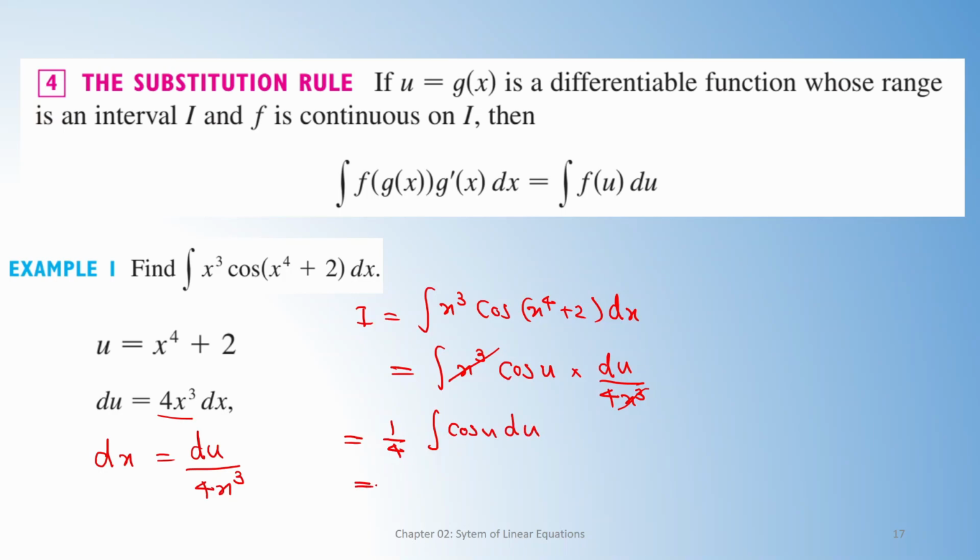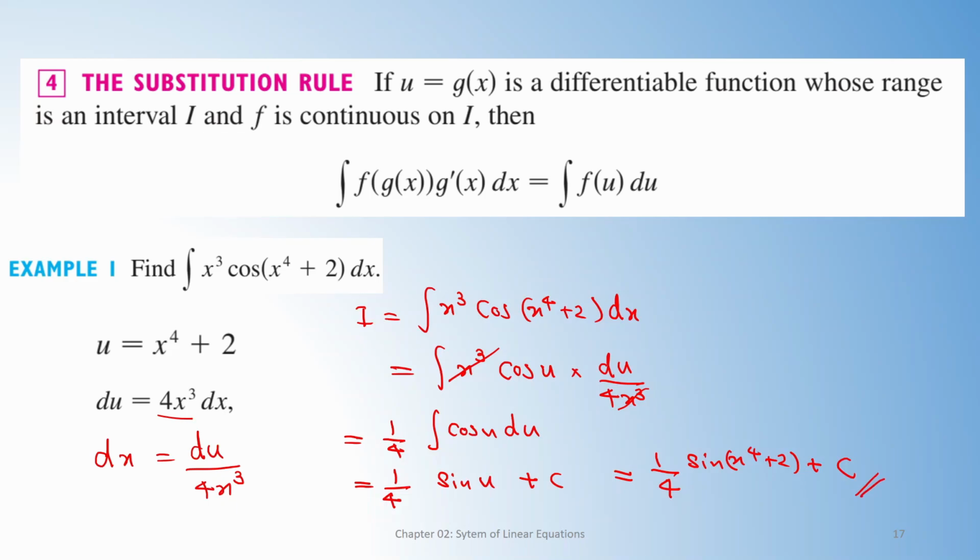Now you can apply the integration formula for cos, that is sine u plus c. Now you have to keep the answer in terms of x. So 1 over 4 sine u is equal to sine of (x⁴ plus 2), plus the integral constant. That is the answer.